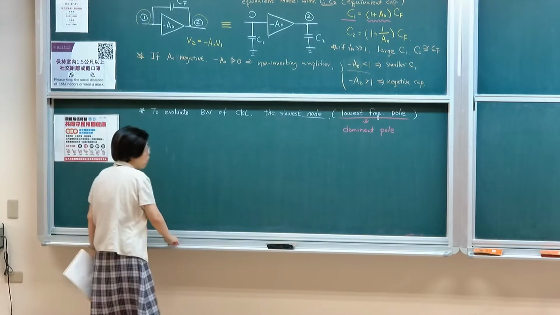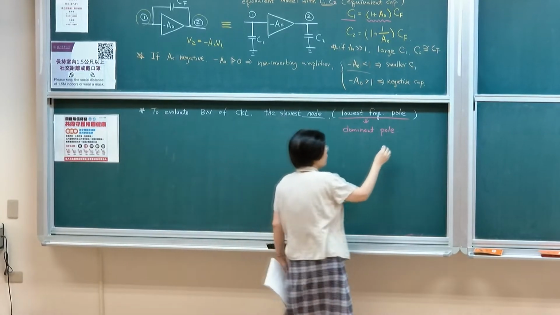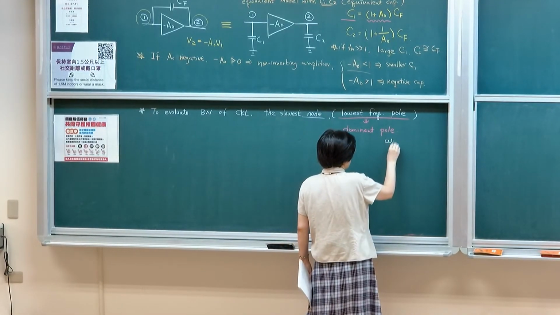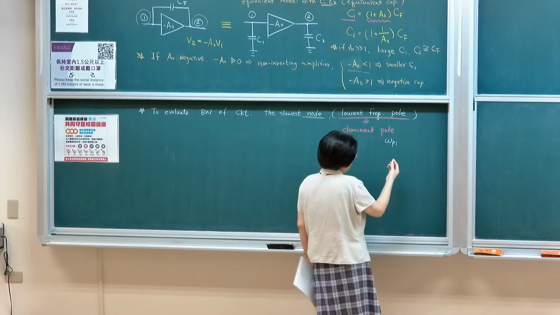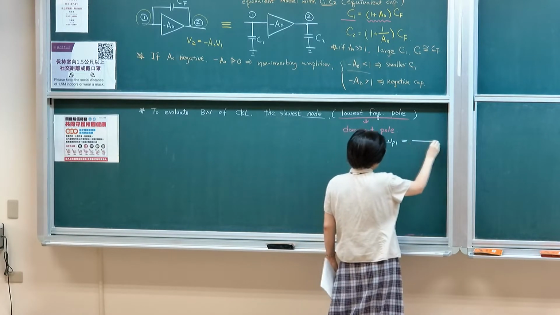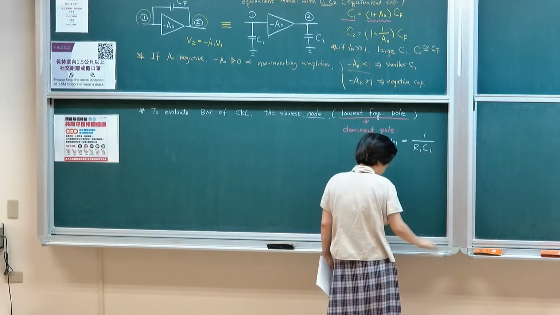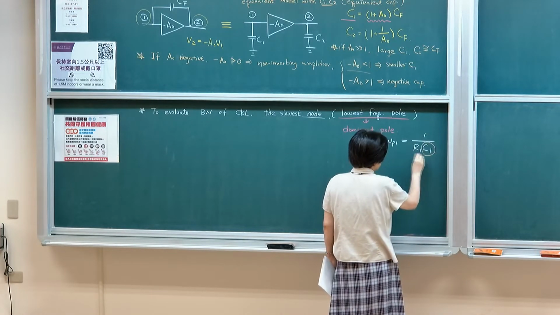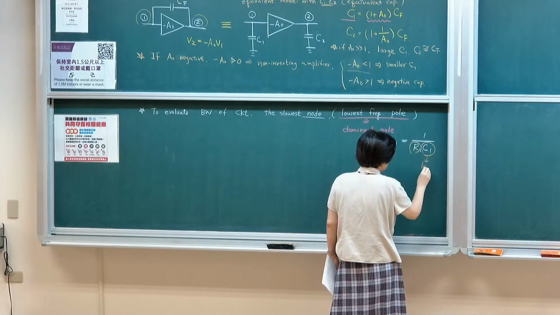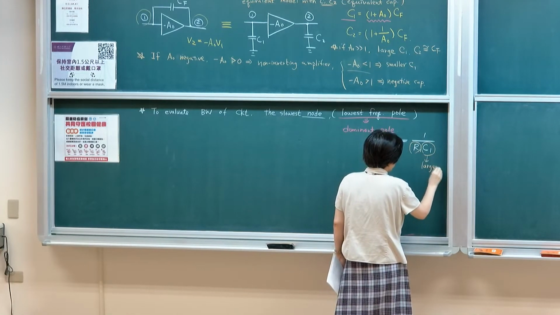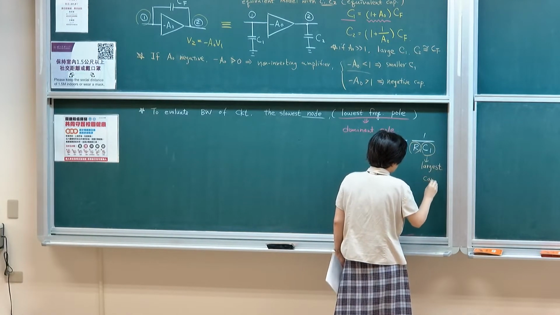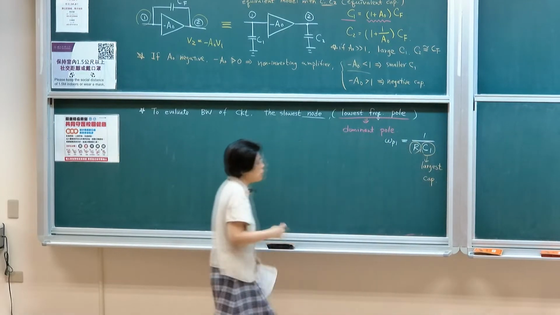As we already discussed, if you look at dominant poles, let's say omega p1 is the dominant pole, it will typically be determined by RC. So you look for the largest R, and you look for the largest capacitance.